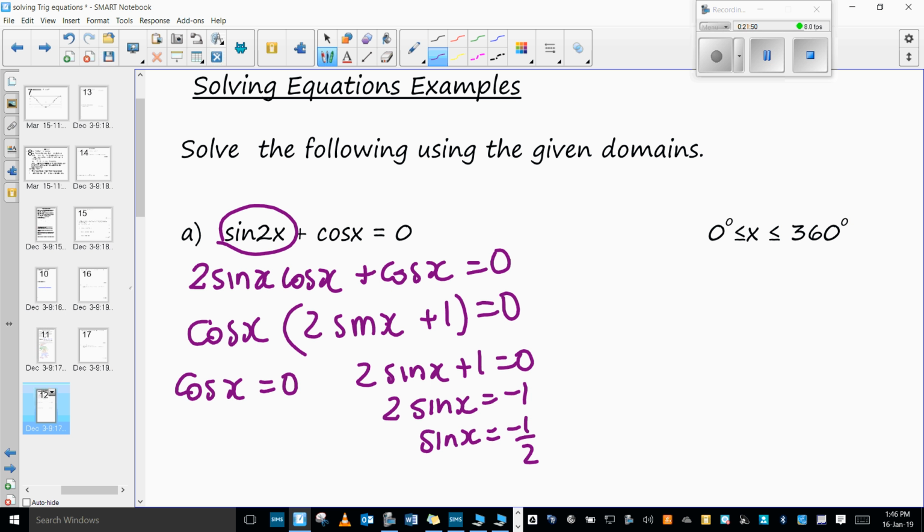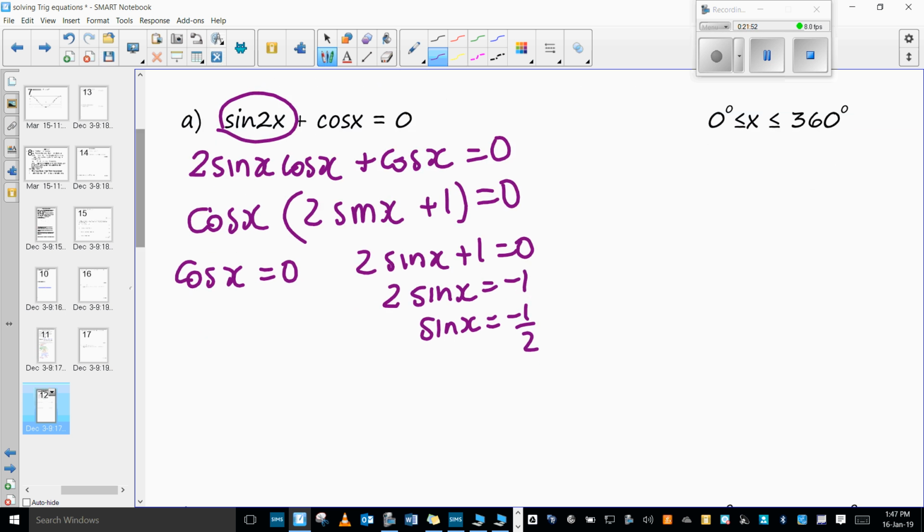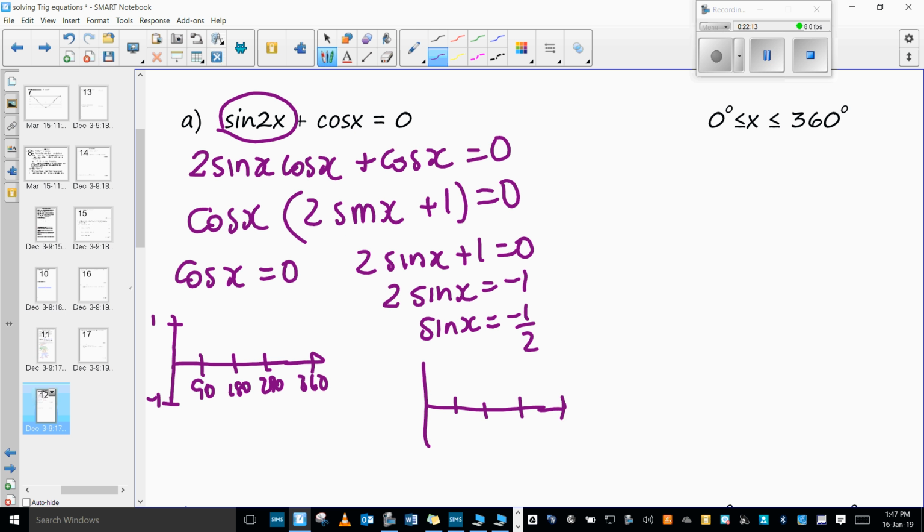So now we've got to solve two different equations. So for this one, I'm going to draw my cos curve. 90, 180, 270, 360. 1 and -1. For this one, I'm going to draw my sine curve. 90, 180, 270, 360. 1 and -1. So for my cos curve, does it start at 0 or 1? 1, so it's at 1, 0, -1, 0, 1.